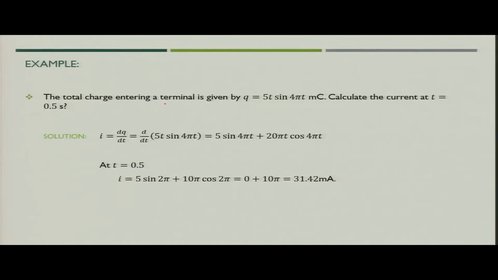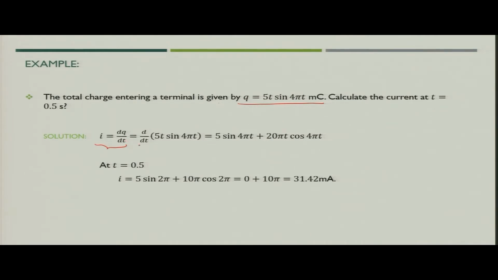Now, if the total charge entering a terminal is given by some expression like q equals 5t sin 4πt millicoulomb, how will you calculate the current? Since the current i is nothing but dq by dt, you have to simply differentiate q with respect to time t.